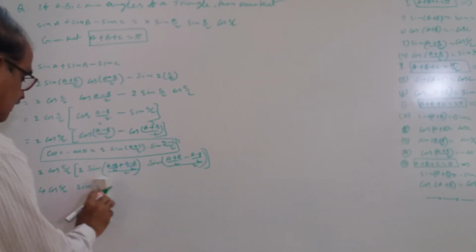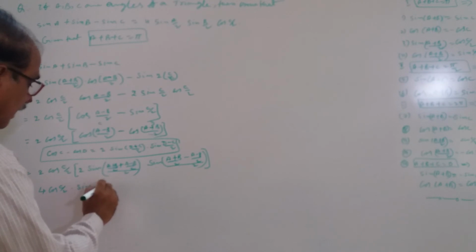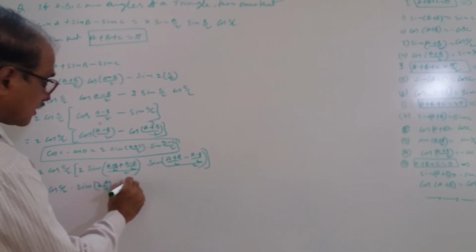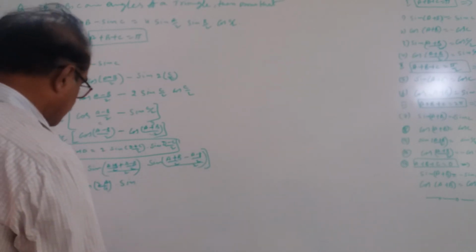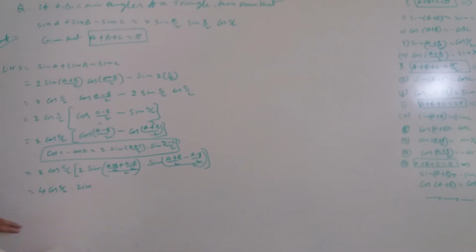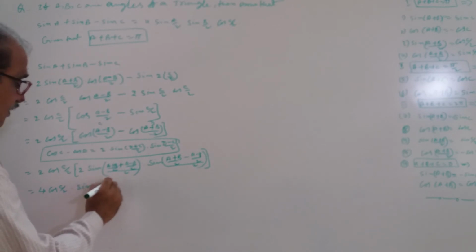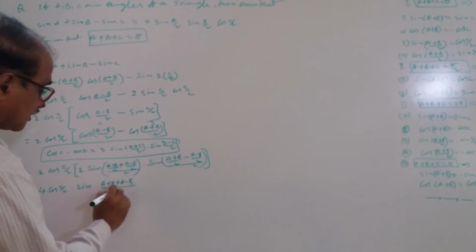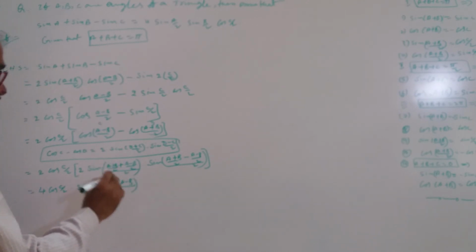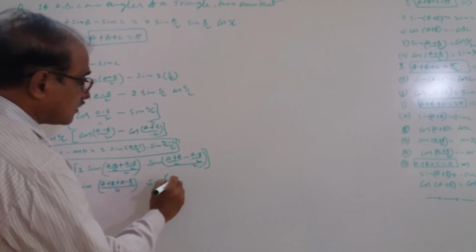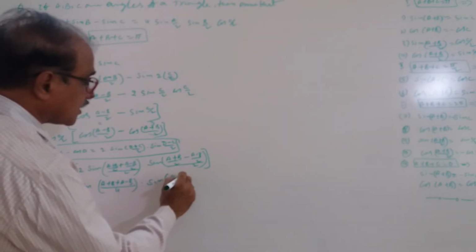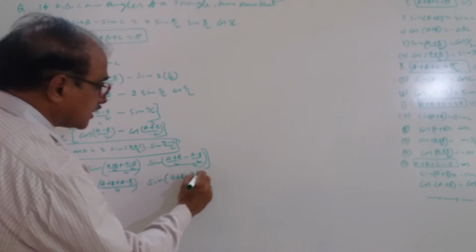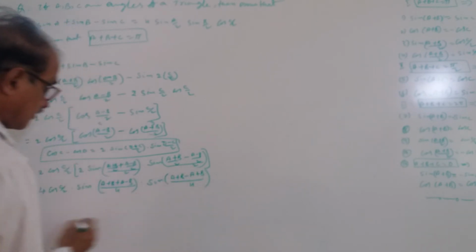Or we can write 2A by 4 into here, minus of, we can write one step again here, A plus B plus A minus B by 2 to the 4, into sin of, similarly here, A plus B minus of A minus B by 2 to the 4.